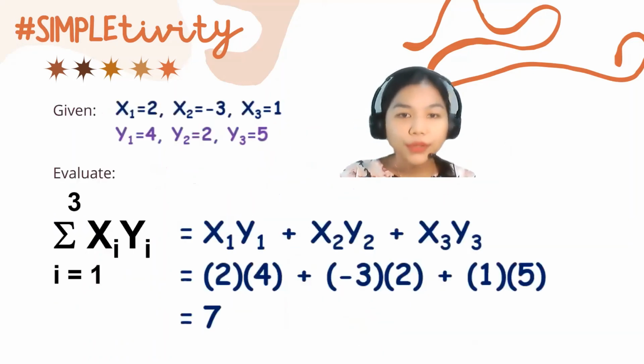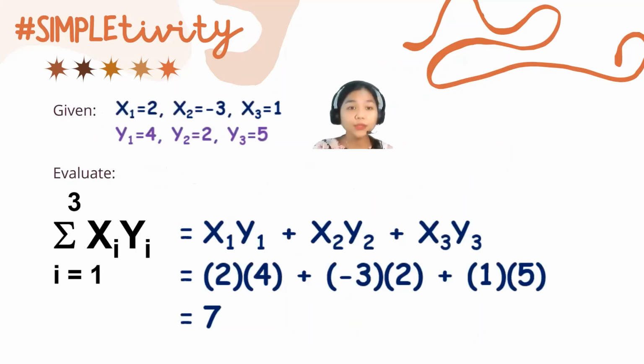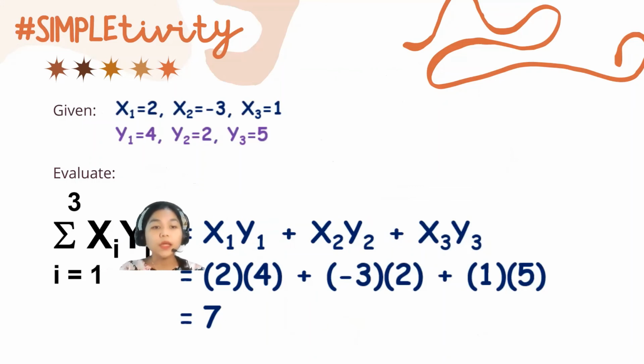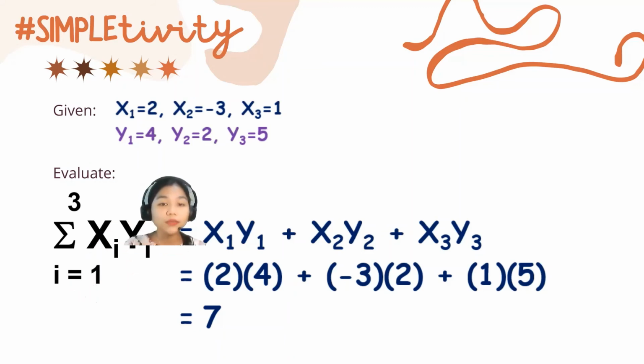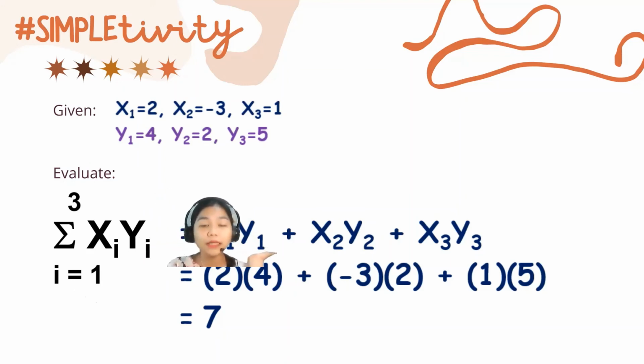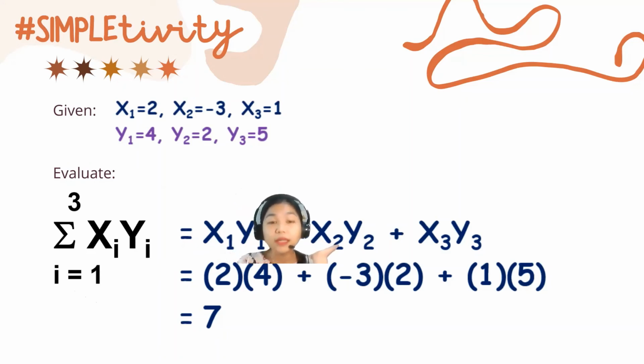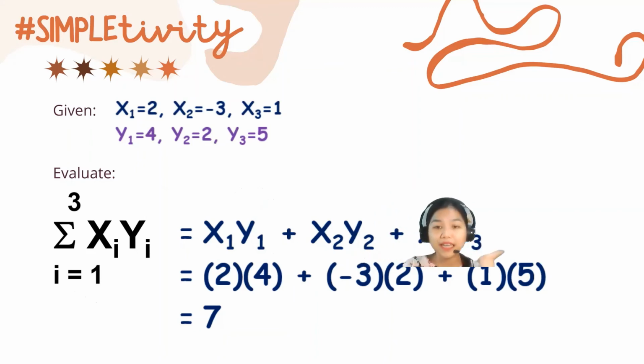So let's start our evaluation. We have the same given values for both variables x and y. Let's try evaluating the sum of the products. The sum of the products of xi, yi, as i goes from 1 to 3, is simply multiplying first the values of x1 and y1, then the values of x2 and y2, and the values of x3 and y3.